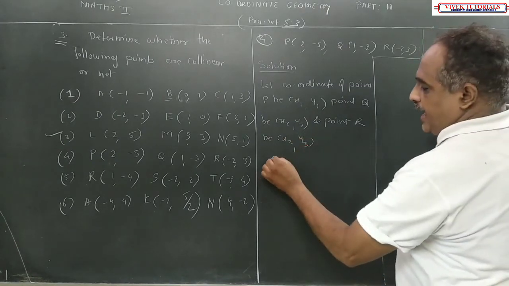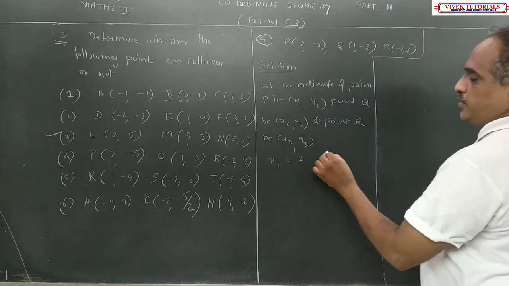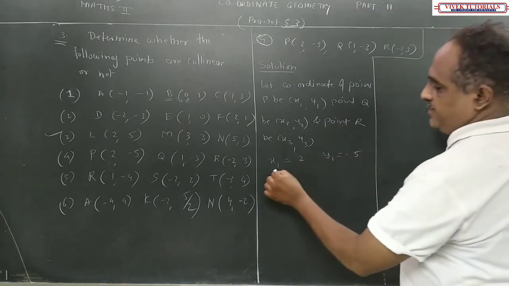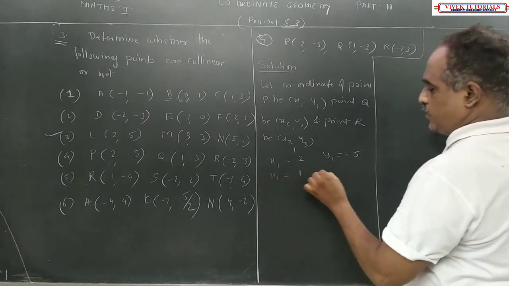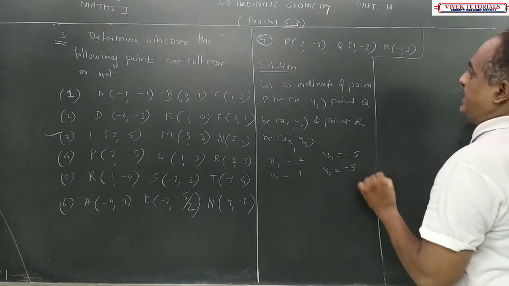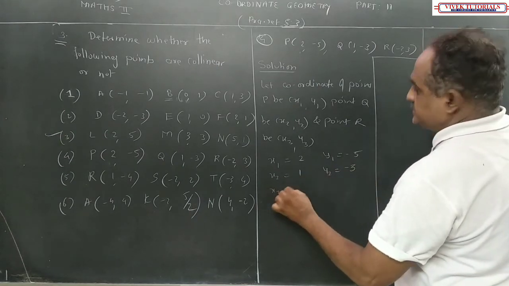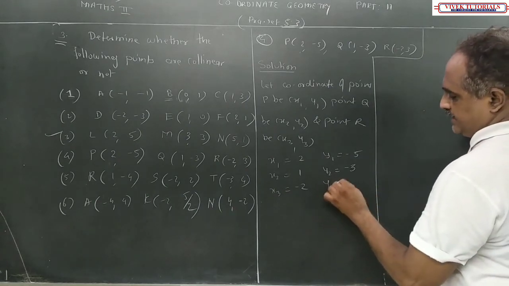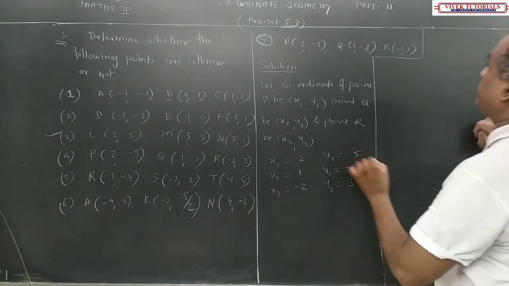So x1 is equal to 2, y1 is equal to -5, x2 is equal to 1, y2 is equal to -3, x3 is equal to -2 and y3 is equal to 3.